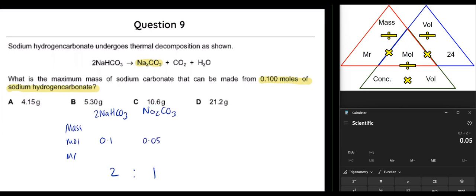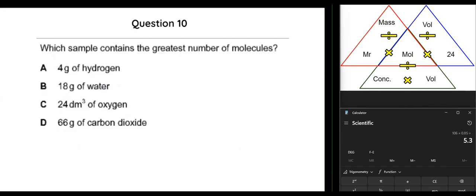The MR of sodium carbonate should be 23 times 2 because we've got 2 of them, plus 12 plus 16 times 3. Let's do that. That gives us 106. So now all we need to do is times the MR and the moles together. So times 106 by 0.05. And we get 5.3 grams. Answer must be B.